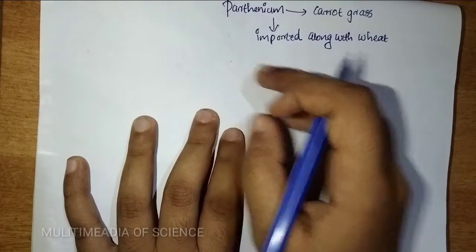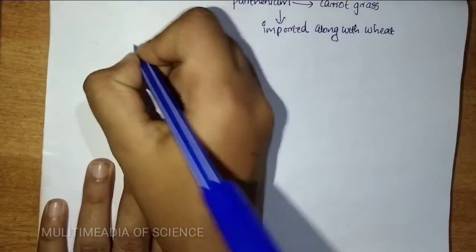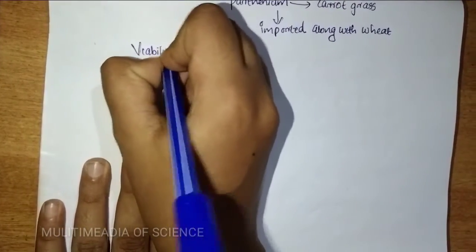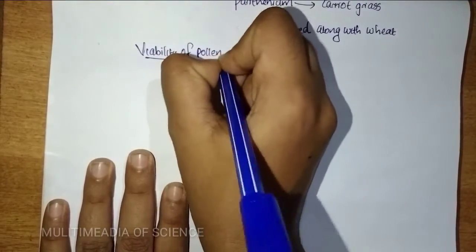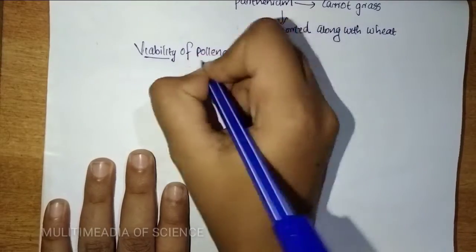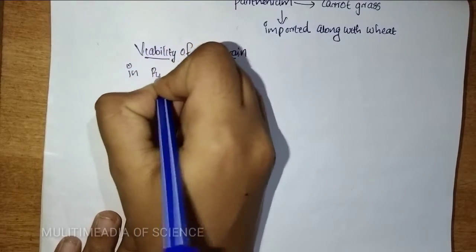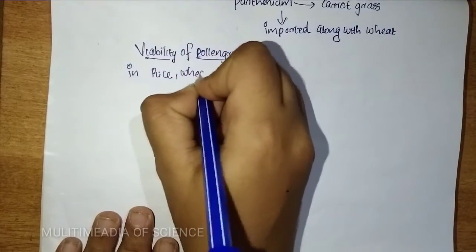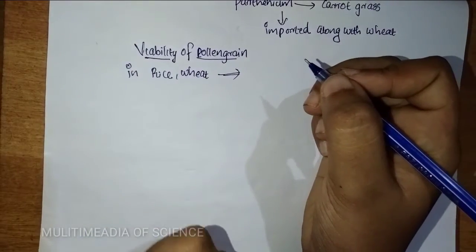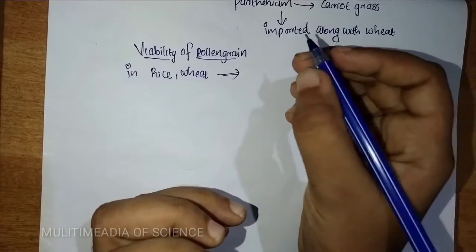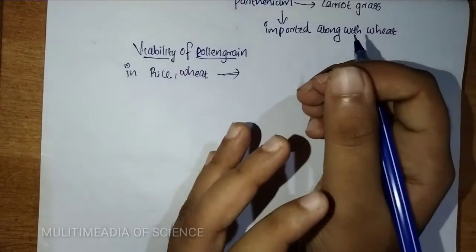Then there is a paragraph about viability. Viability of what? Pollen grain. In rice and wheat there is less time for viability; the pollen grain loses its viability within 30 minutes.